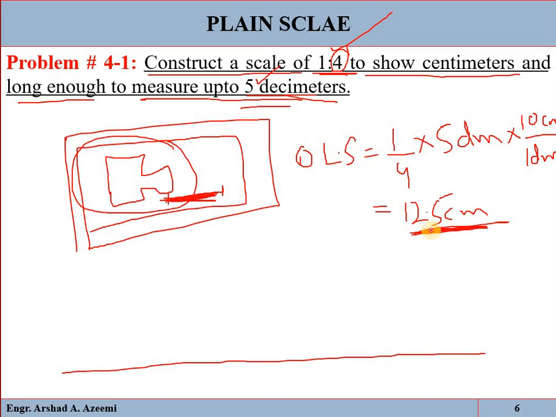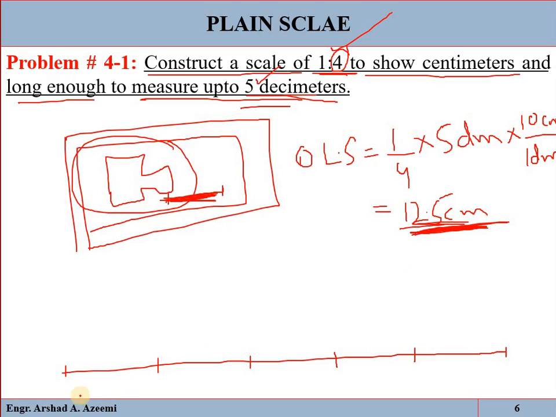Just draw a line of 12.5 centimeter long and divide it into 5 equal parts. See, 1, 2, 3, 4 and 5. That is the length of the scale, equally divided in 5 parts.